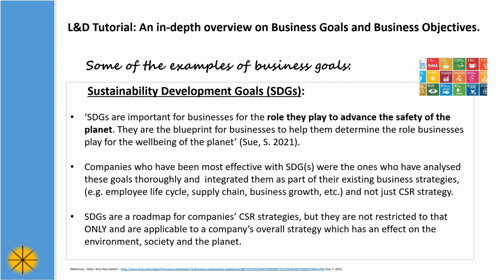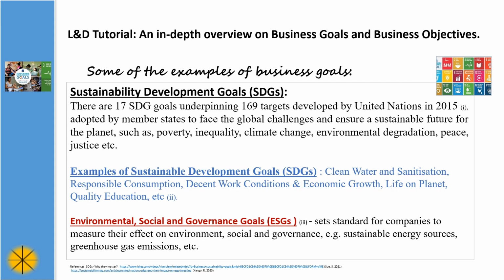There are 17 Sustainable Development Goals underpinning 169 targets developed by United Nations in 2015, planned to be accomplished by 2030.